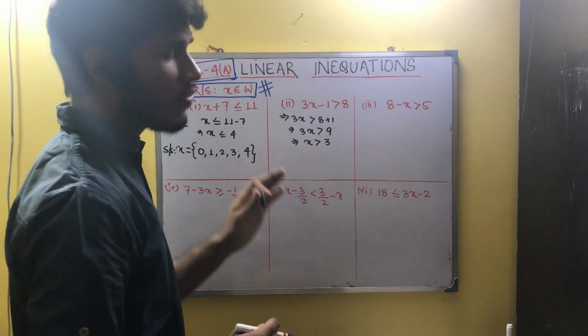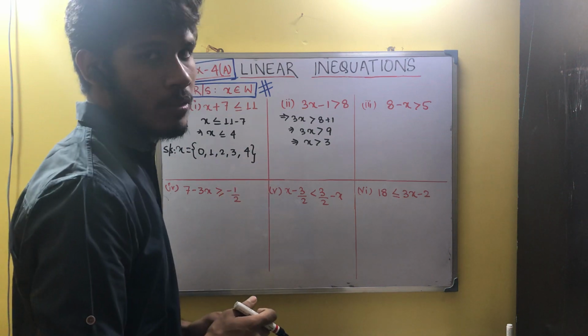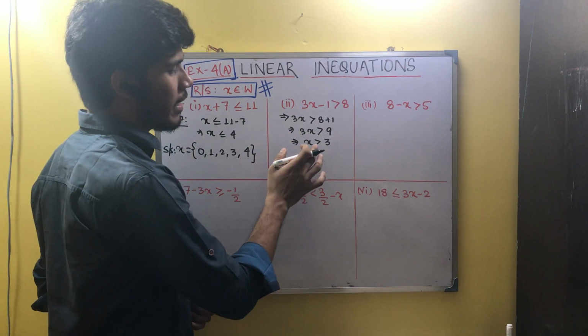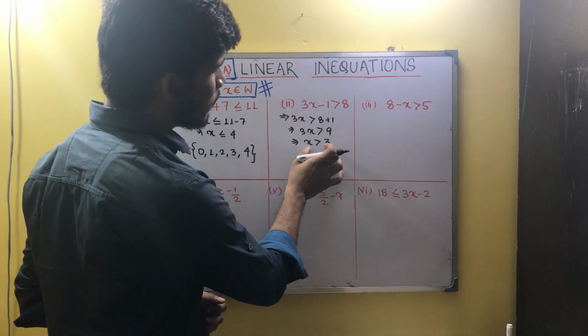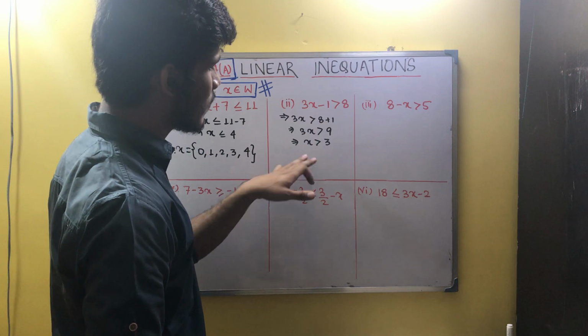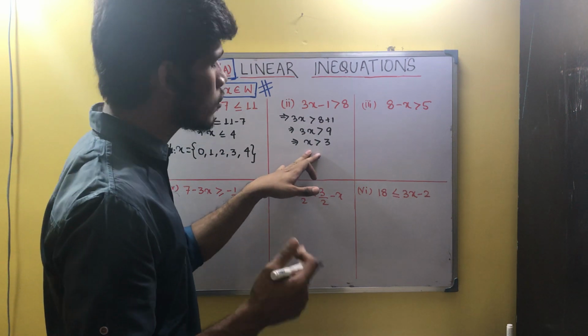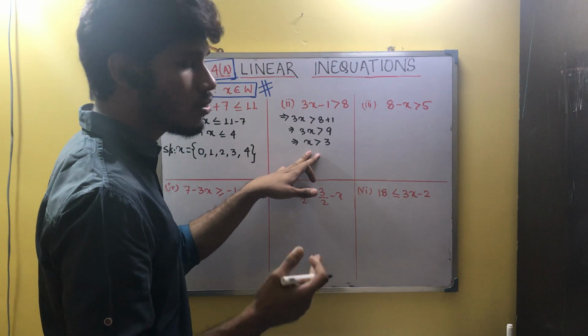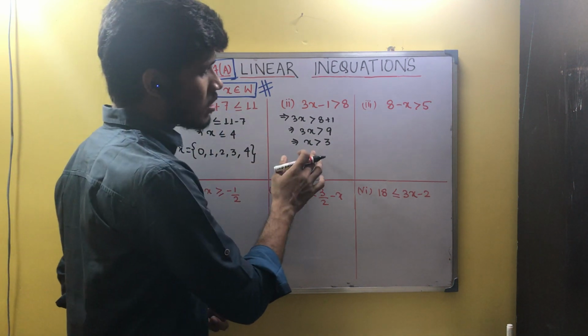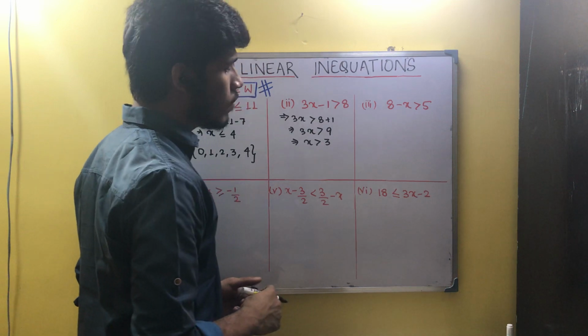So what is the first possible value for x? The first possible value is 4, isn't it? This inequation says that the first possible value of x is 3.0001, or 3.01. But since x belongs to whole number, the first possible value will be x equals to 4.